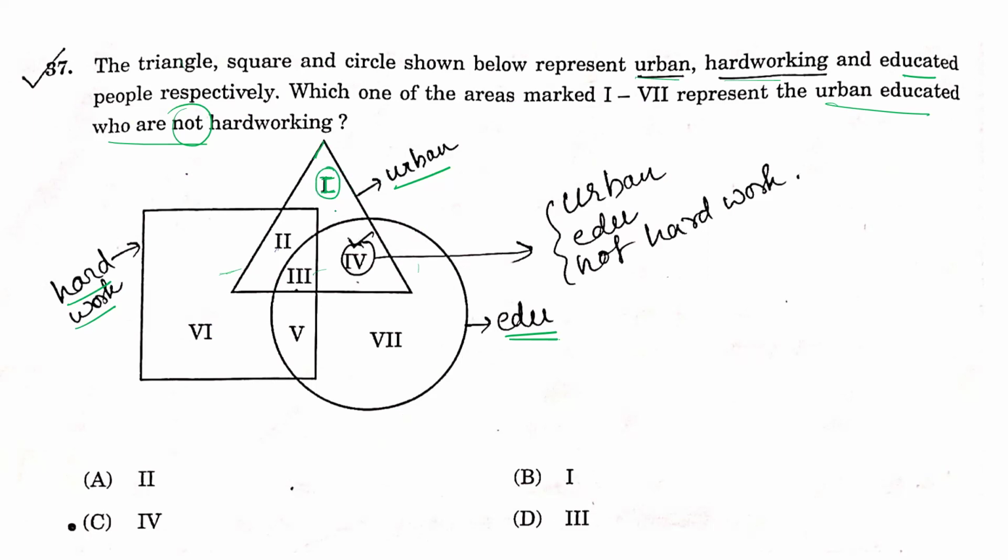Clear, it is in the triangle. 2 falls in urban also, and hardworking also, but not in educated. 3 falls in urban, hardworking, educated, all three. 4 is urban because it is in the triangle, educated because it is in the circle, but not hardworking because it is out of the square.